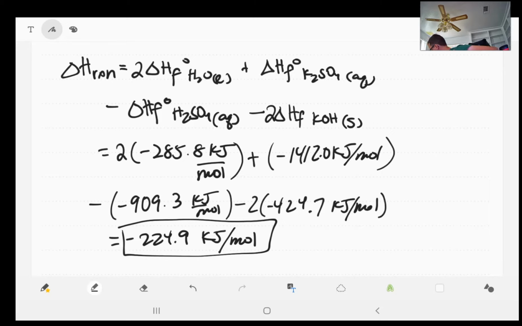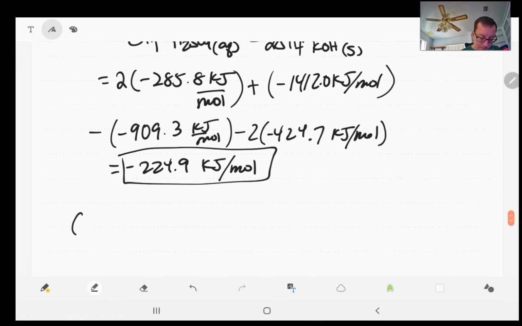Let's burn some sucrose. All right. Oh, but never mind. We're going to have to balance this. I don't want to do that. Actually, I'm just going to Google it because I don't want to balance this equation, but I'm sure it's been done before.